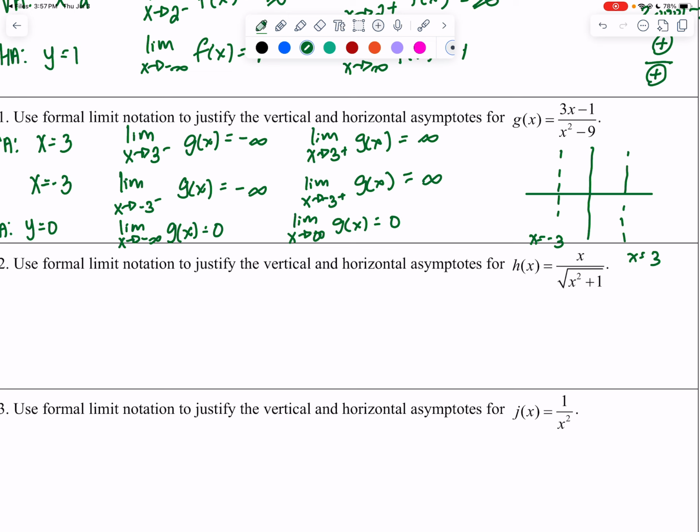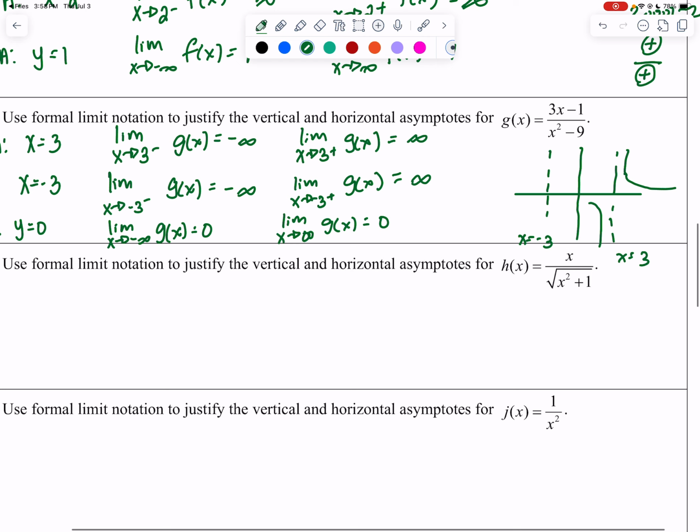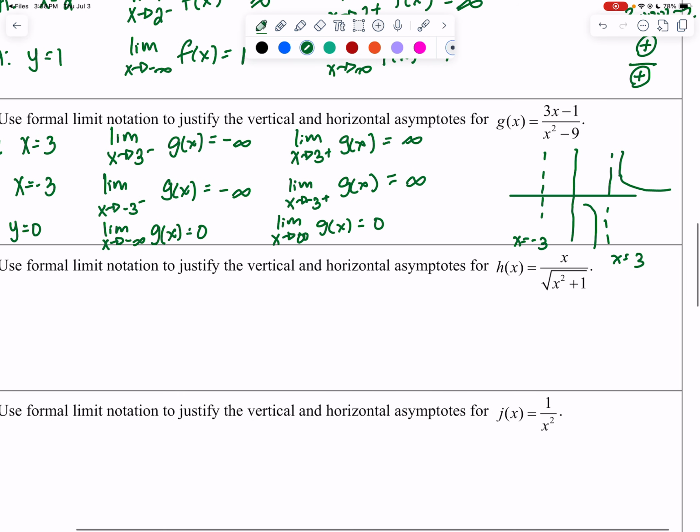So that means that it looks like this right here. 3 from the right, we are approaching positive infinity. So it's going to look something like this right here. 3 from the left, we have negative infinity.